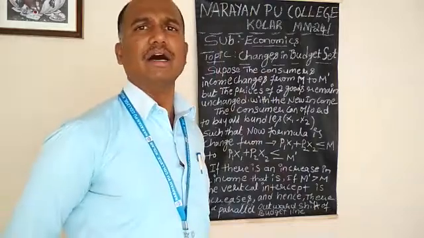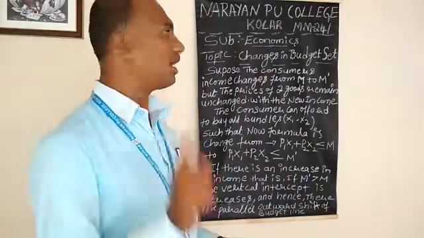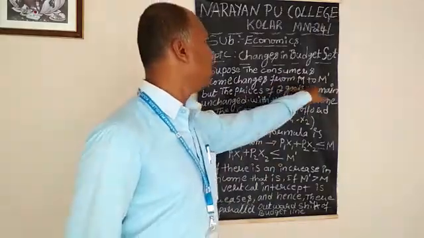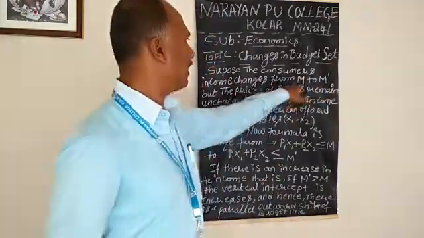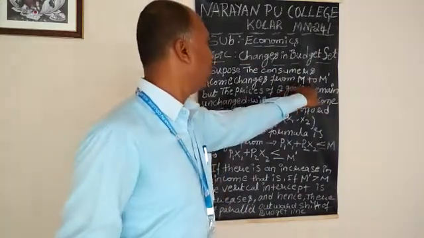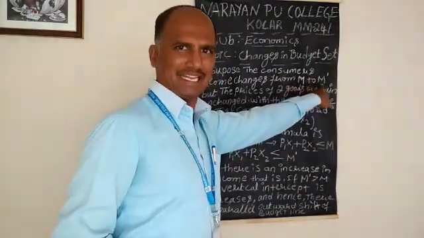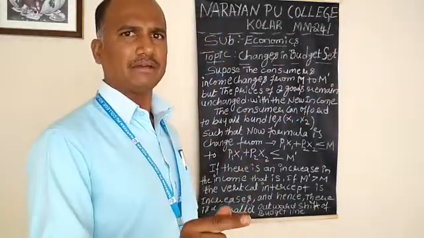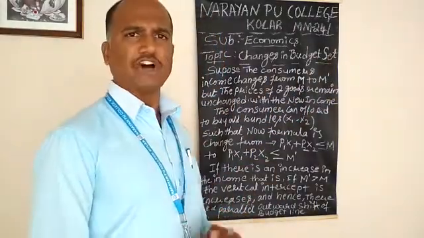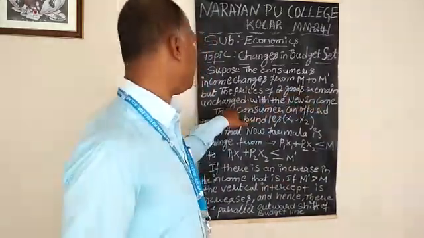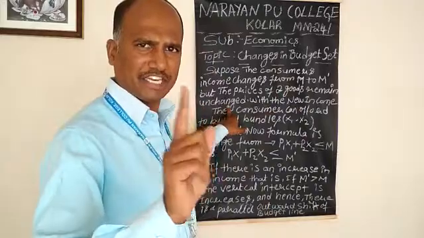Suppose the consumer's income changes from M to M dot. Here M means the previous income, and M dot means the changed income. But keep in mind, the prices of the two goods remain unchanged. Prices are not changing.